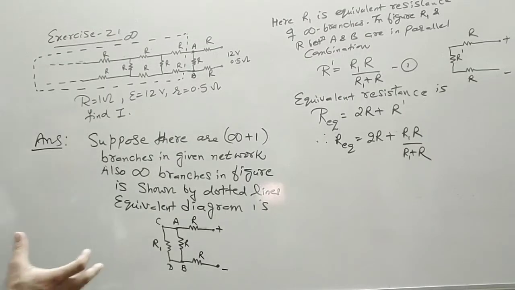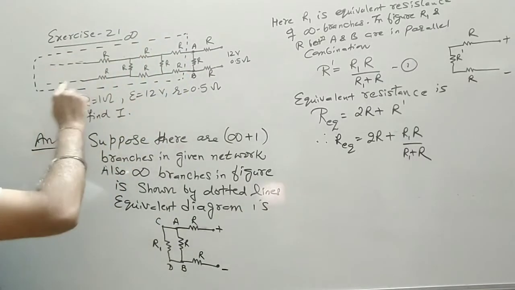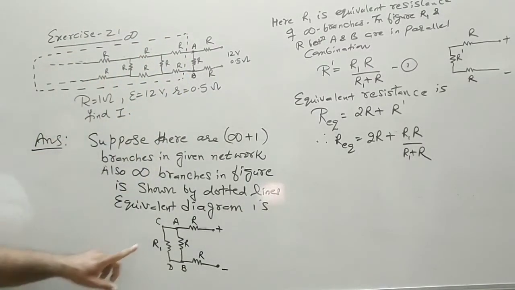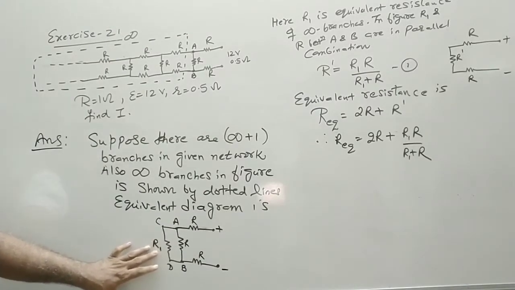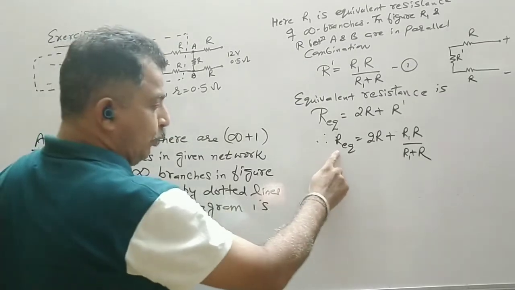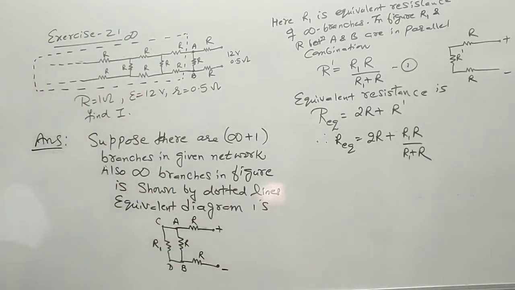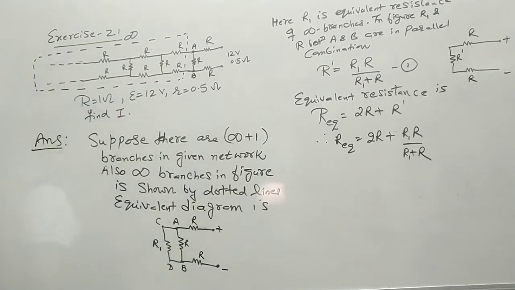Now, we have taken the resistance of the infinite branch to be R1. Now, we have simply added one branch to it. Say this is R1. R1 is the resistance of the infinite branch, and R equivalent is the resistance with one additional branch added to it.